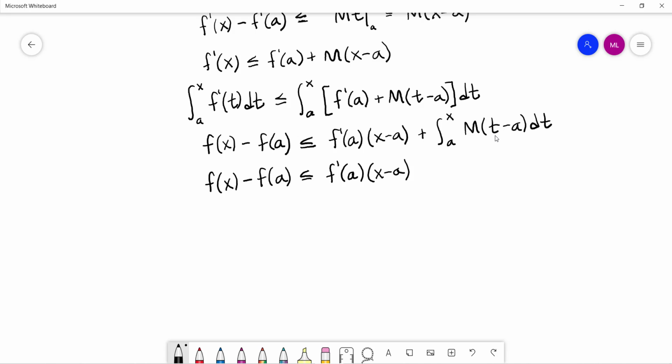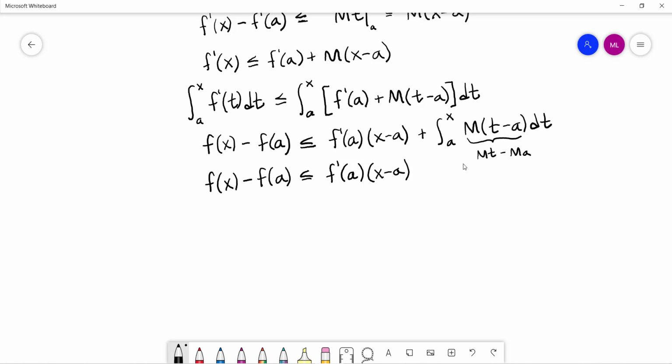It's the factor of t. So you could think of this as, if you wanted to, mt minus ma, and you could integrate both of those things. Depending on how you want to do this, it might even be easier to do a u substitution if we want, doesn't matter.